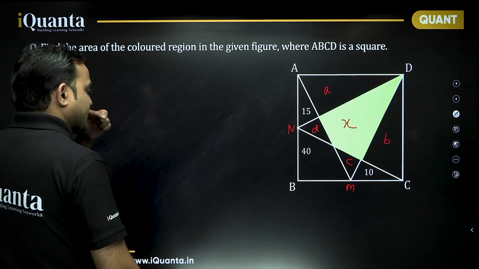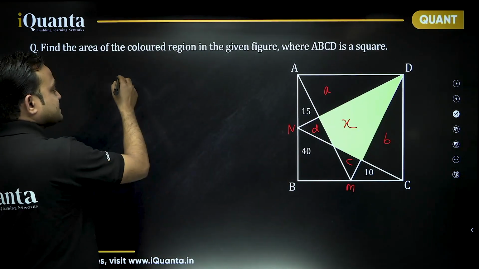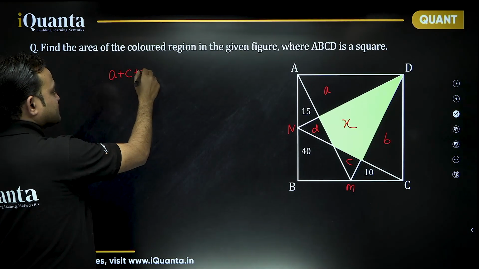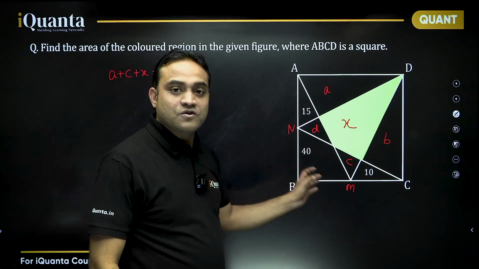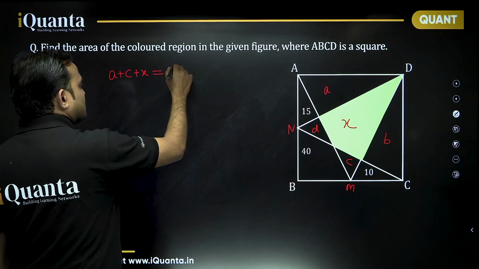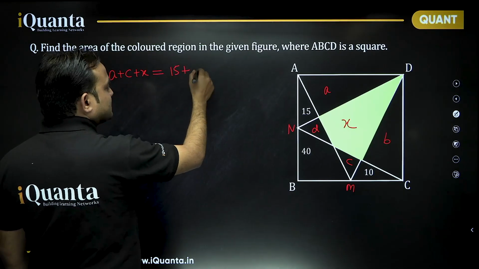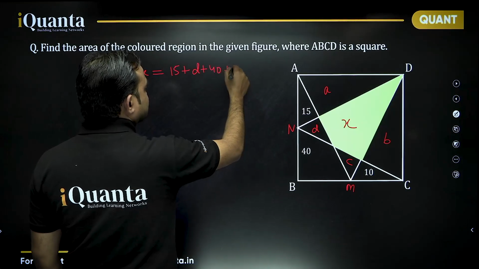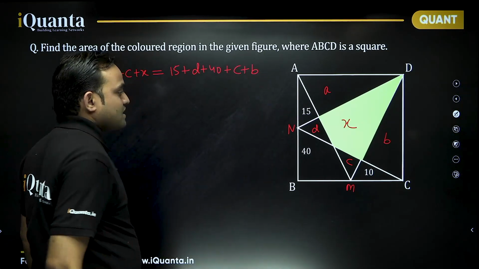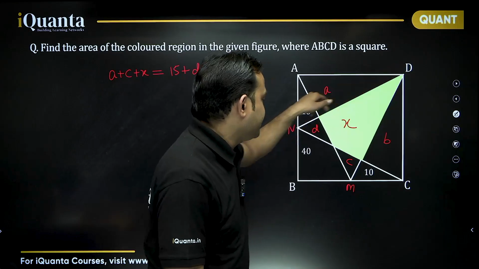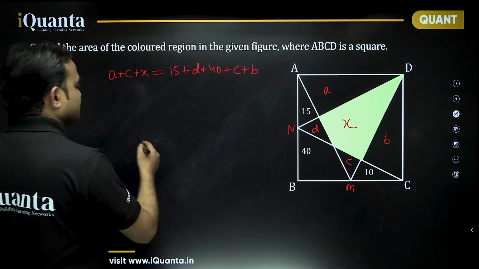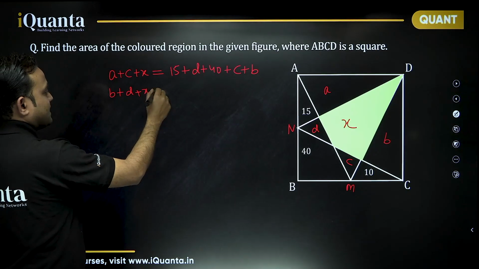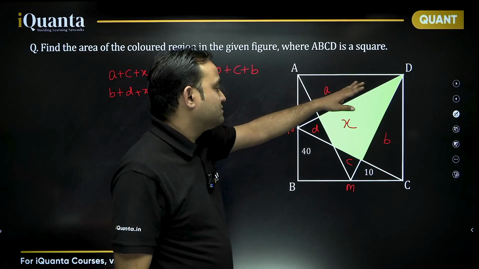Can we say area of triangle AMD means A plus C plus X will be equal to area of rest of the square, which will be equal to 15 plus D plus 40 plus C plus B. And similarly, we can say area of D and C will be B plus D plus X. And this will be equal to the rest of the area apart from that.